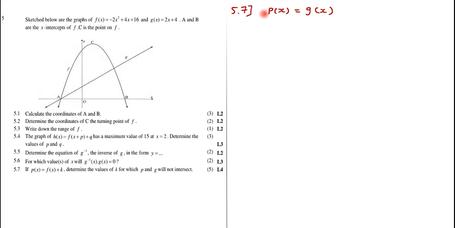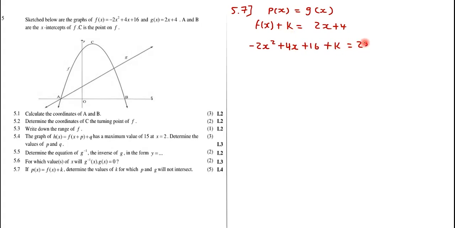All right, so now what is p of x? P of x, if you remember, is f of x plus k, and g of x, of course, is 2x plus 4. But we do know the value of f of x. So f of x is minus 2x squared plus 4x plus 16, but we still have our k there.